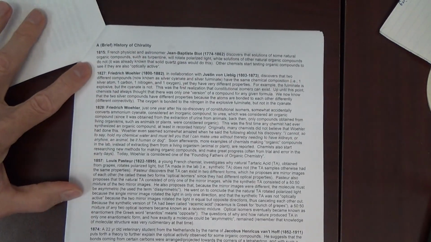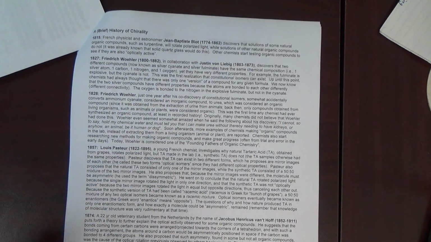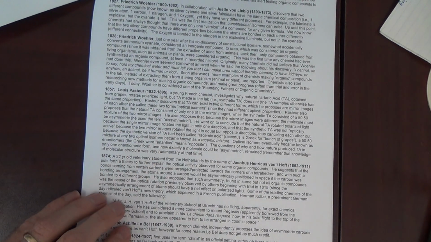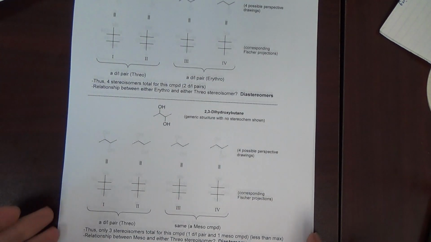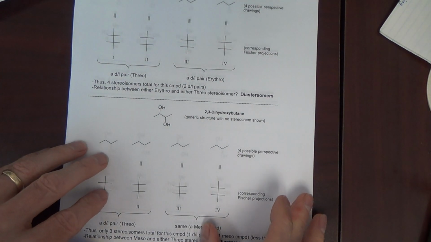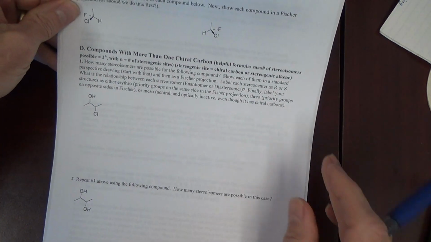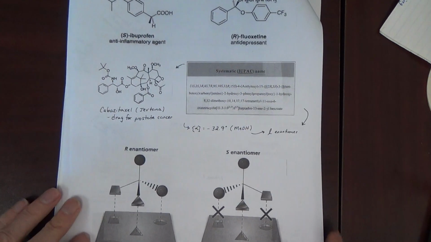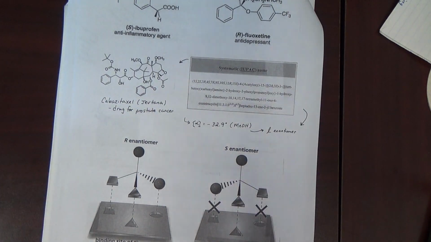Here's a brief history of chirality, how the idea was discovered, Louis Pasteur, his role, and in the back is some of our lecture material. So please be looking ahead in this handout, as well as the other supplementary handout. Okay, guys.